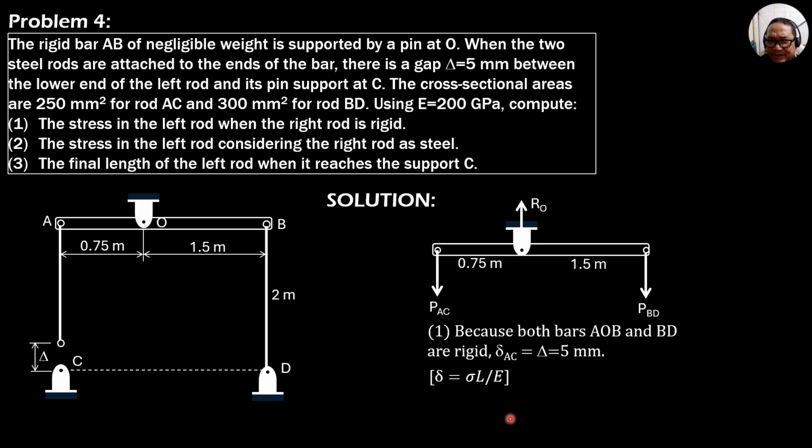So substituting, 5 equals stress in AC times 1995 mm, length of AC 2000 minus 5 mm, divided by modulus of elasticity 200,000. So from here, we can solve the normal stress in AC, which is equal to 501.5 megapascals.